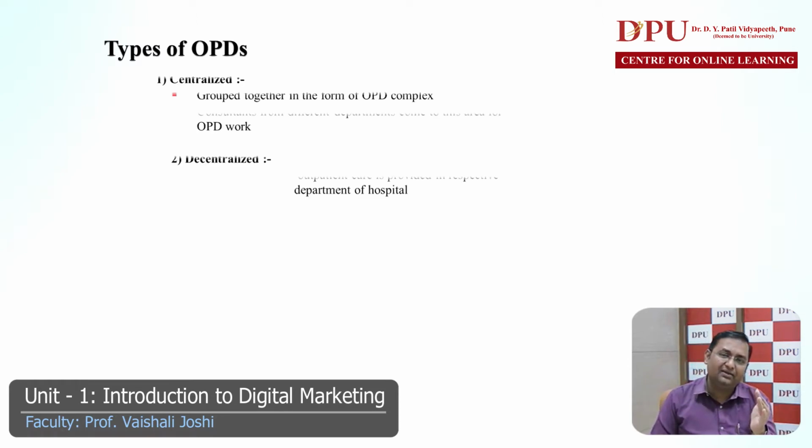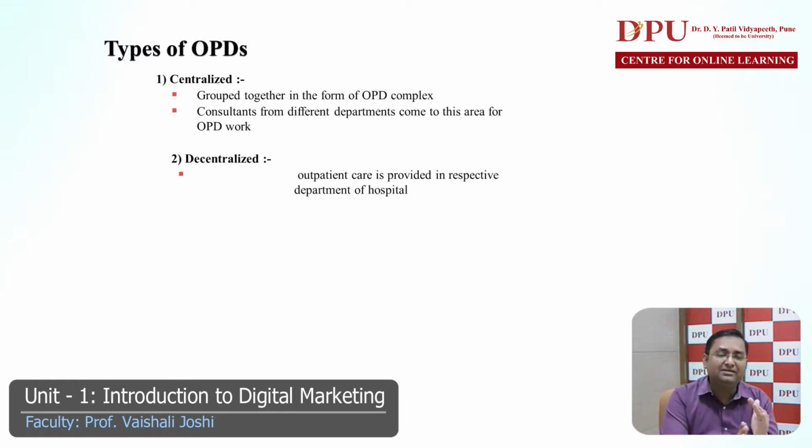Now, what are the various types of OPDs? We have seen that there are various departments in the hospital. As the OPDs provide various types of services to patients, they have been classified in broader terms. There are two types of OPD: one is called a centralized OPD, the other a decentralized OPD. What is a centralized OPD?